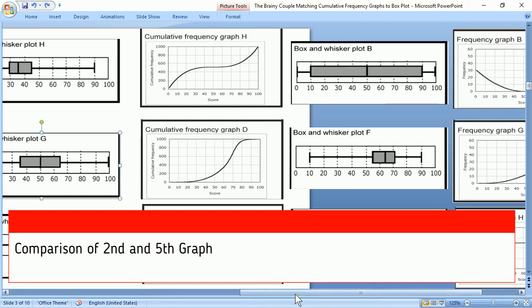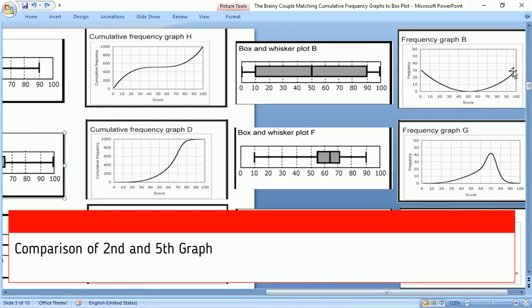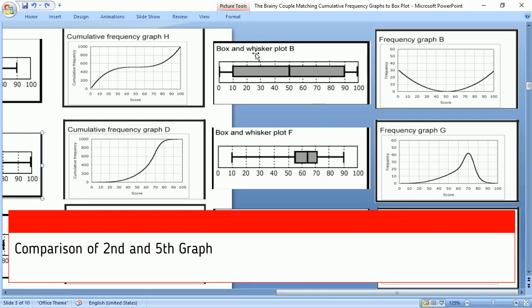So of course the box and whisker plot is also different, where you have everything bending, so you can see the range is bigger, and according to a frequency graph, this is a very extreme case.